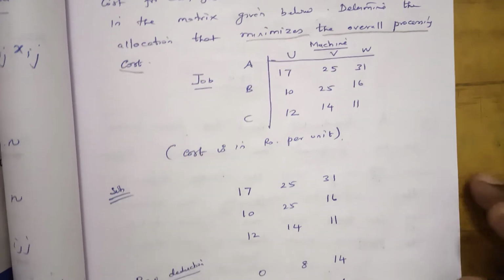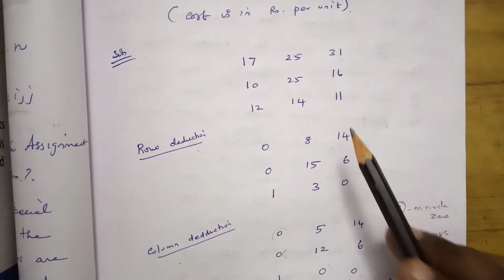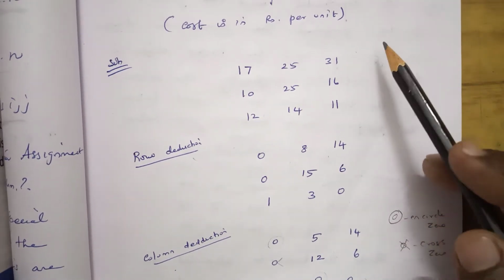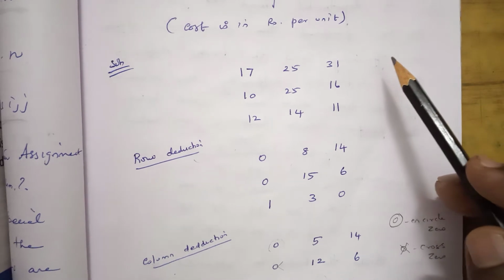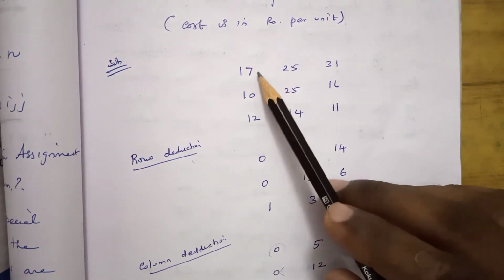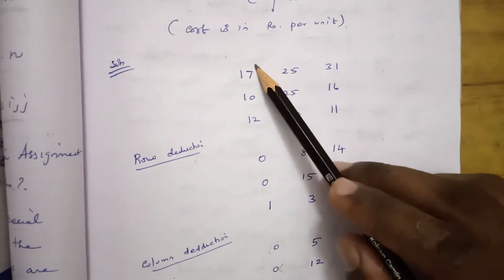First we have to compute the row reduction. Row reduction means in each and every row we have to take the minimum value. In the first row, 17, 25, 31, 17 is the minimum value.